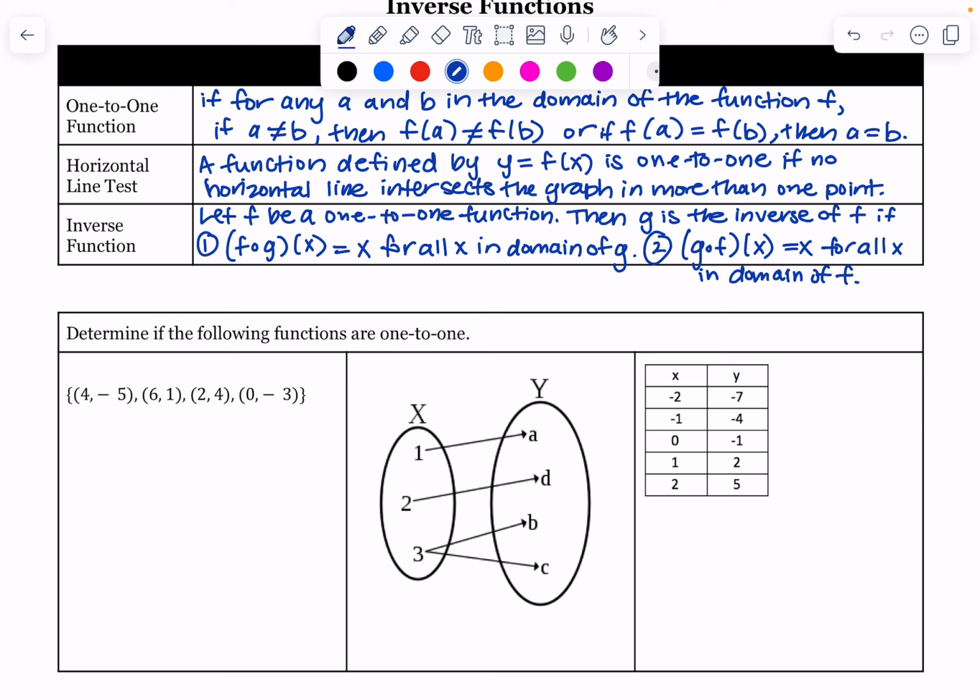All right, determine if the following are one-to-one. If I have 4, -5, 6, 1, 2, 4, and 0, -3, this function is one-to-one because if I look at my output values, I have -5, 1, 4, and -3. Nothing is repeated, so this would be one-to-one. For this next one, I have 1 maps to A, 2 maps to D, 3 maps to B and C, but no outputs have multiple inputs, so this function is also one-to-one.